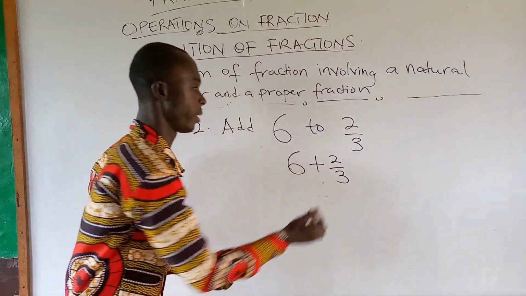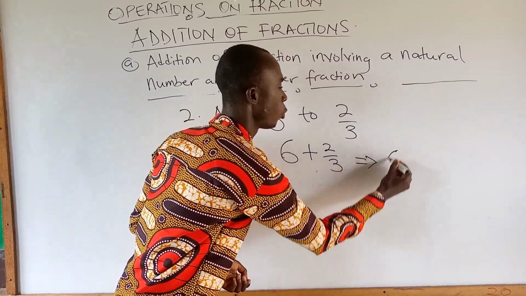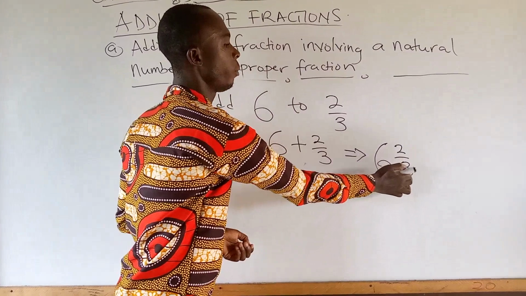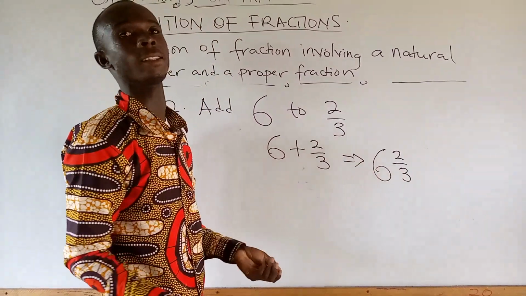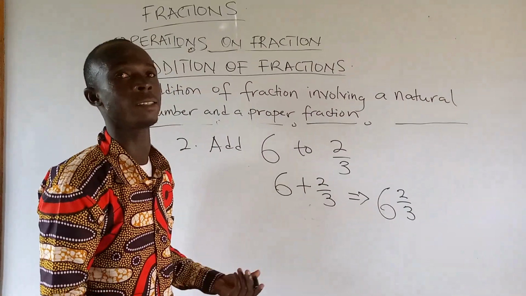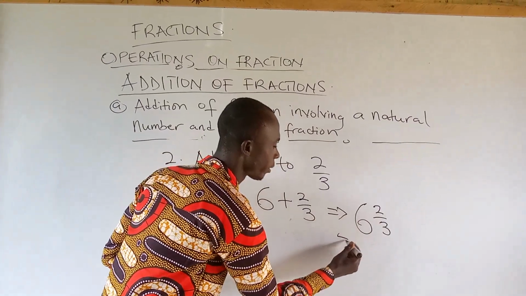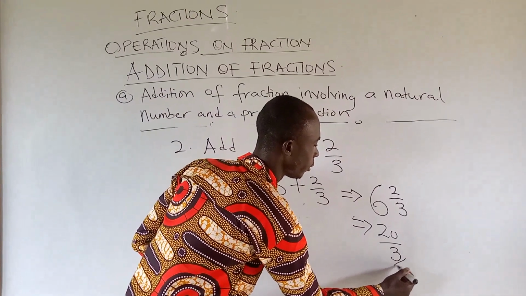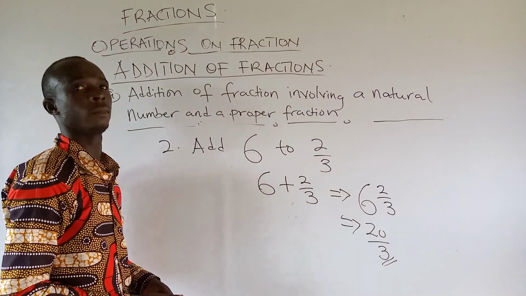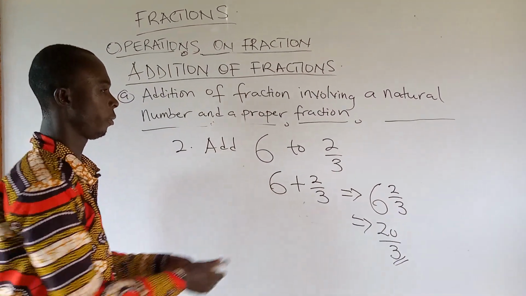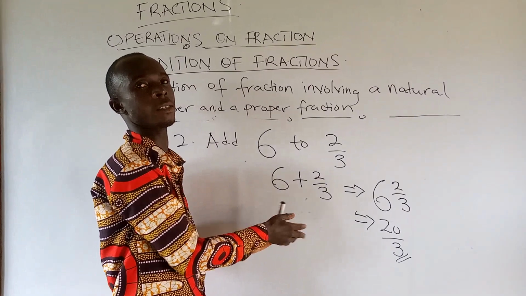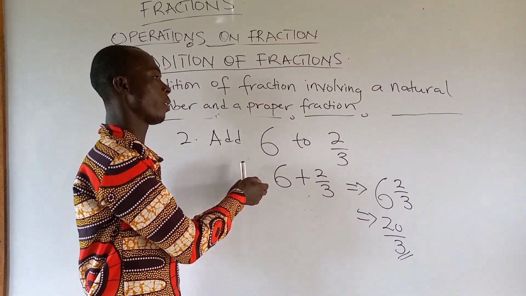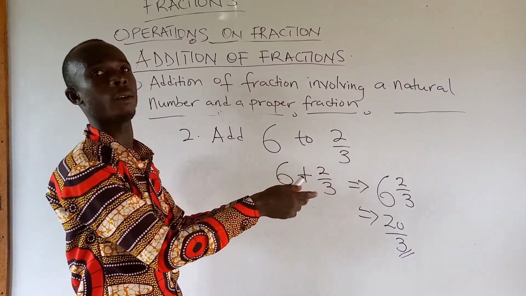And this is the same as 6 whole number 2 over 3. 3 by 6 is what? 18. 3 times 6 is 18. Plus 2. We are getting 20 over 3. I believe this one is what? Simple. Adding whole numbers to proper fraction.